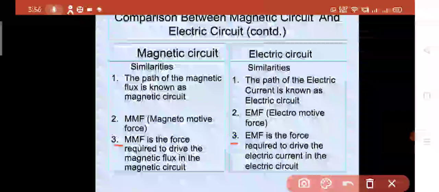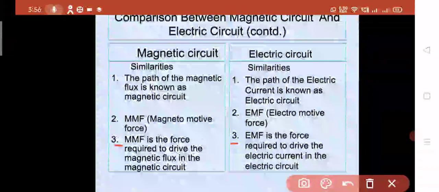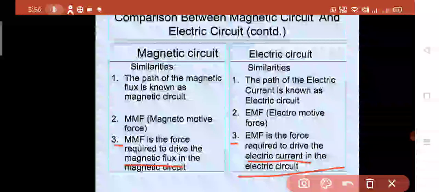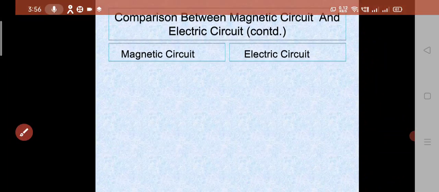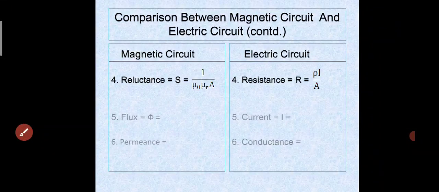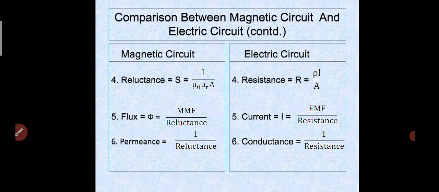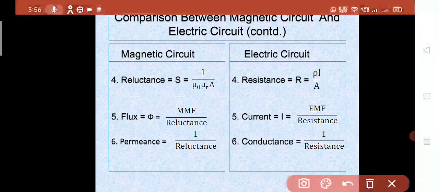Electric circuit: EMF is the force required to drive the electric current in the electric circuit.